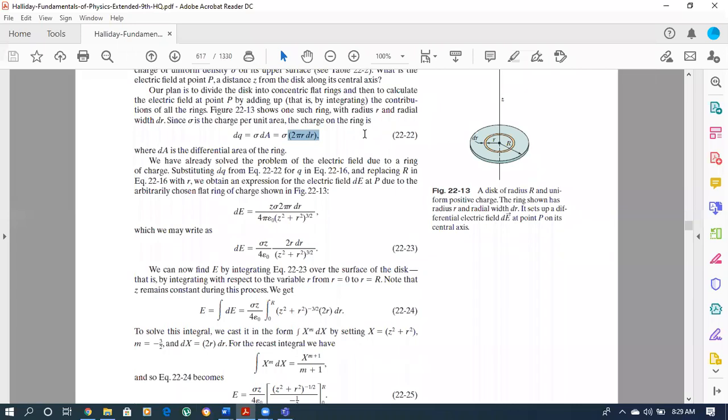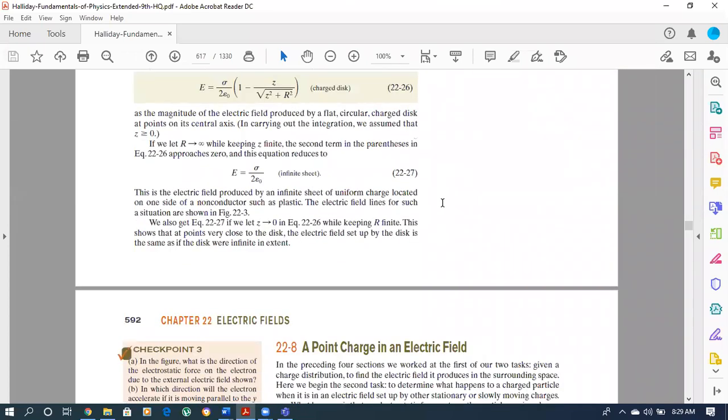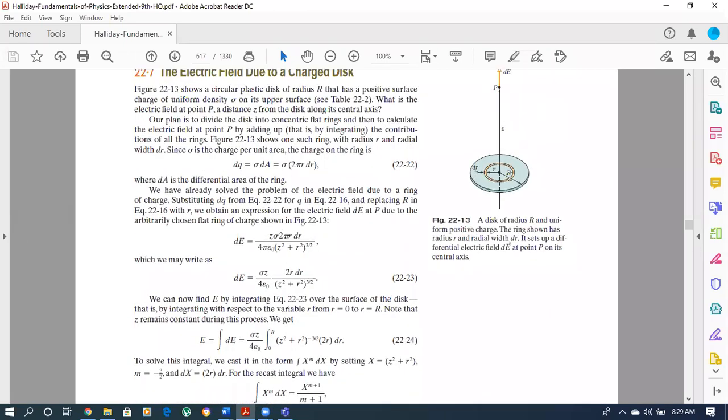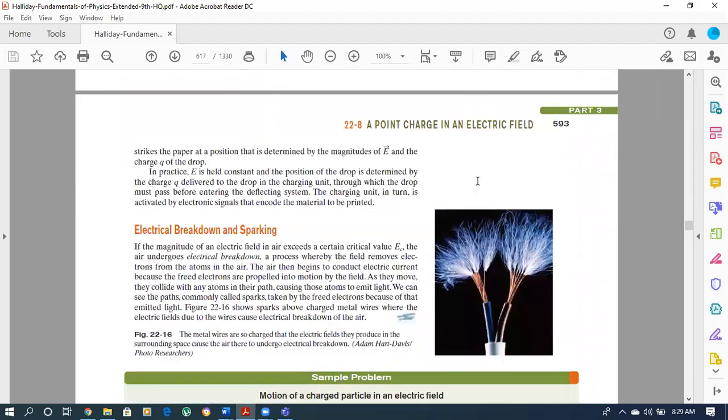Now we have the charge spread over our whole disk, so we will see how many charges are there in the area of the disk. By again solving the problem, we will see at the end that for an infinite sheet of charge, the field does not depend upon the distance. At any point you can find the electric field, and it will have the same magnitude for infinite charge density. The remaining topics are not part of your syllabus.